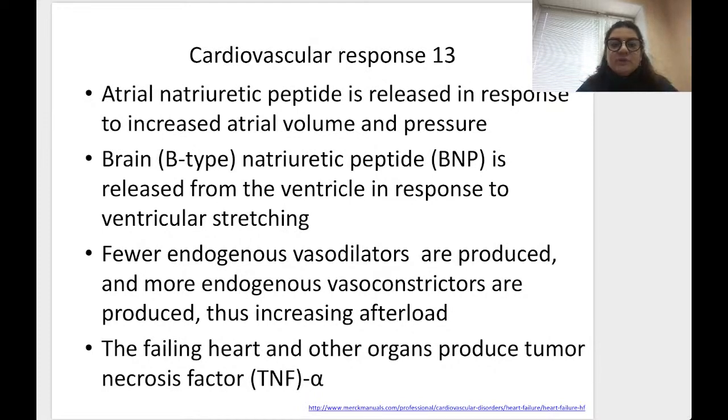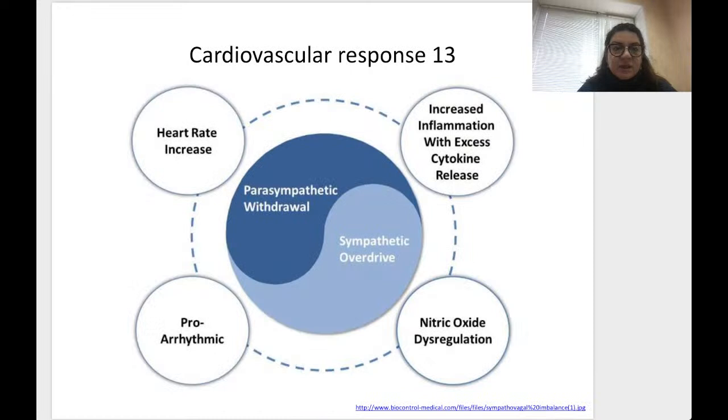Fewer endogenous vasodilators are produced, and more endogenous vasoconstrictors are produced, thus increasing afterload. The failing heart and other organs produce tumor necrosis factor, or TNF-alpha. And what we see here one more time is a complex of mechanisms that worsen heart failure.